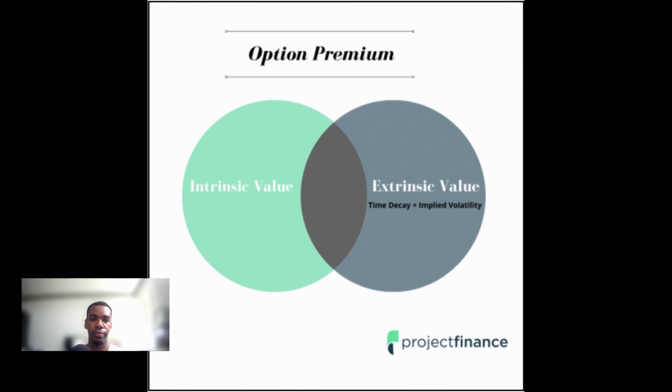And then time, the longer the amount of time until the option expiration, the greater the time value of a particular option will be. All right. And then volatility, if the price of the underlying contract is fluctuating a lot, there is a chance of both a greater profit and loss potential, right?